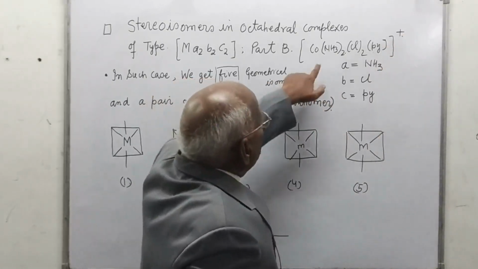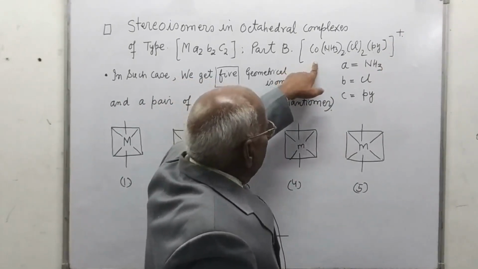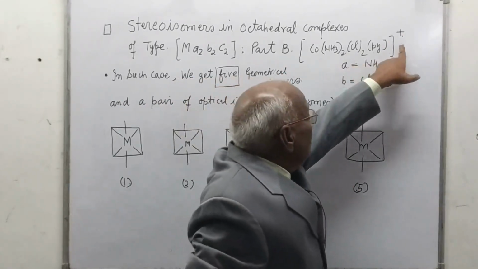This is the complex of cobalt in which it carries a unit positive charge on the coordination sphere.